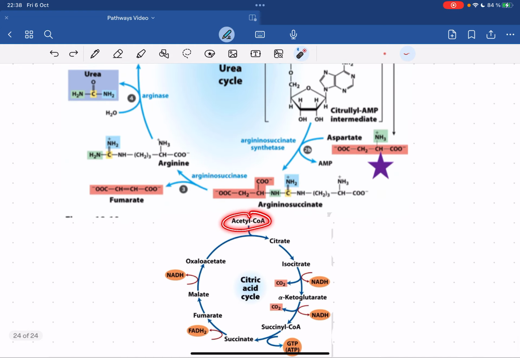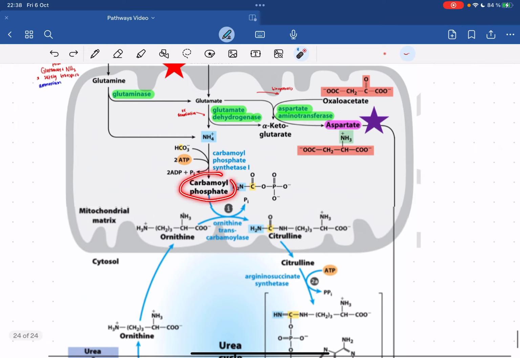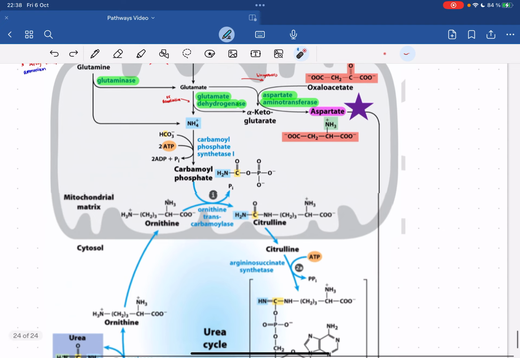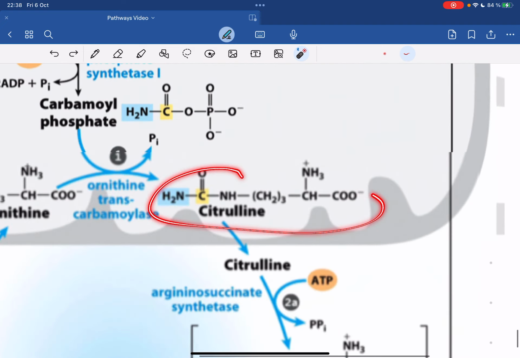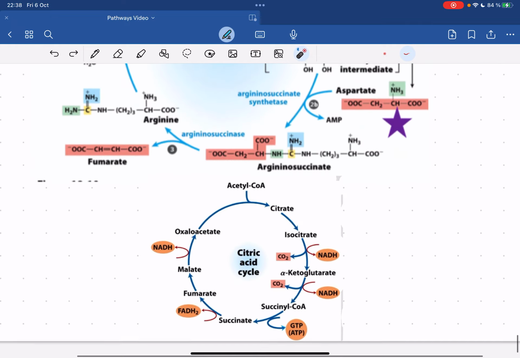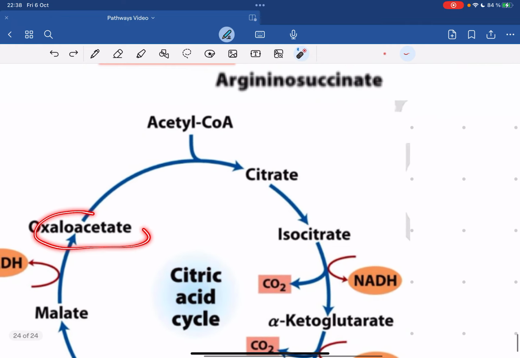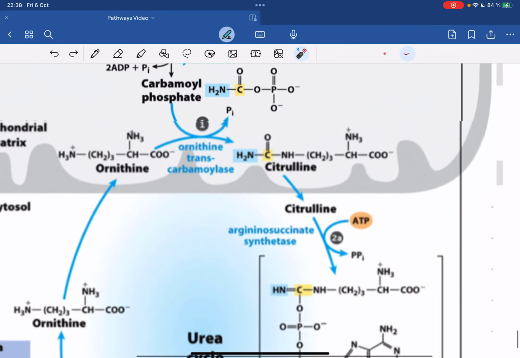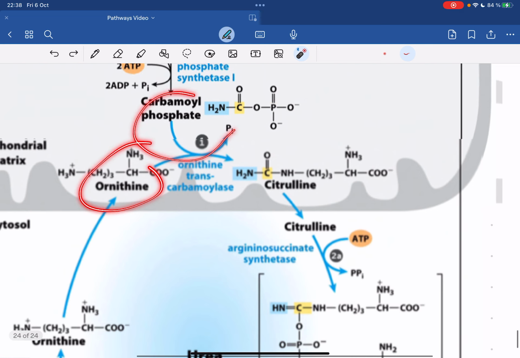And the acetyl-CoA with the carbamoyl phosphate as well. So here, just like oxaloacetate reacts with the acetyl-CoA, here ornithine reacts with the carbamoyl phosphate in order to create what exactly? Well, citrulline. And see here, the oxaloacetate reacts with the acetyl-CoA to create citrate, while here it's used to create the citrulline.